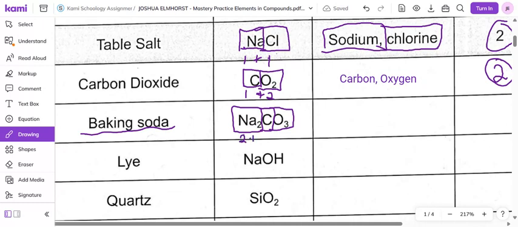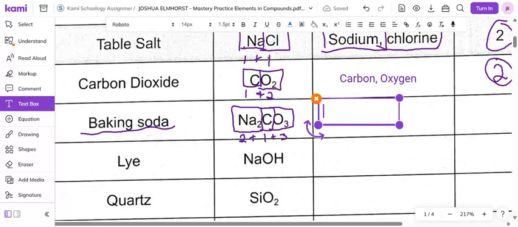So we have 2, 1 carbon, and then oxygen, there's going to be 3 of them. So we check the subscript and we see now we have 2, 1, 3. And let's write out what these are. Na is going to be sodium, carbon, and then oxygen.